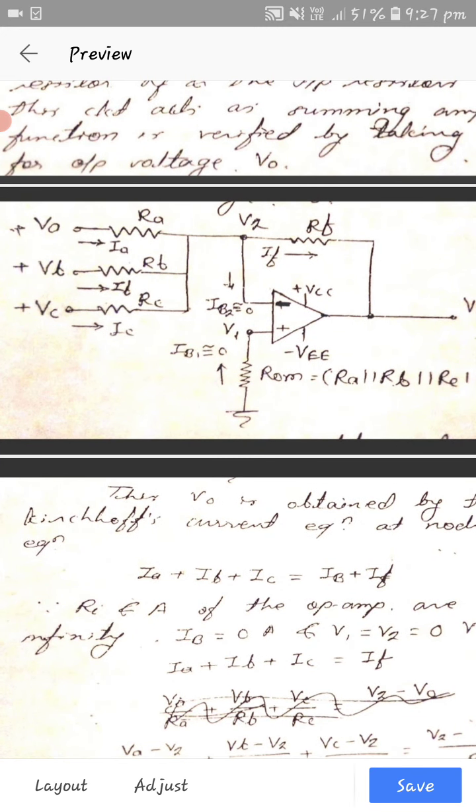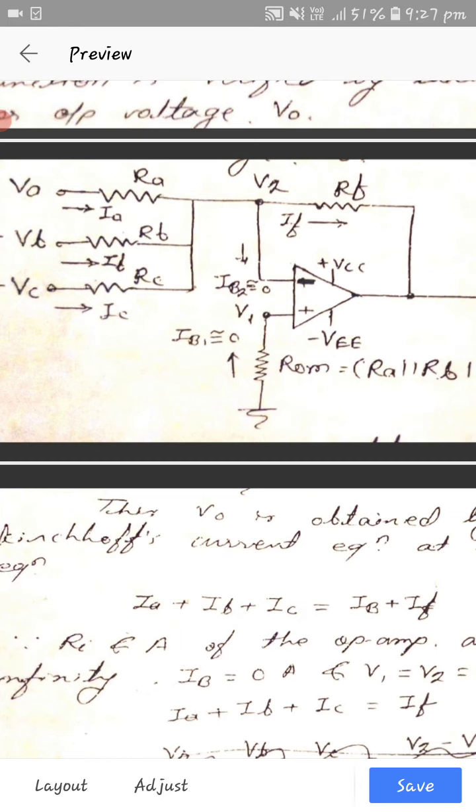Then at the inverting terminal, phi 2 is the voltage, and phi 1 is the other input voltage. Here the total current is considered as capital IB 2, the sum of the currents flowing through the small a, small b and small c resistors. IB1 is approximately 0.